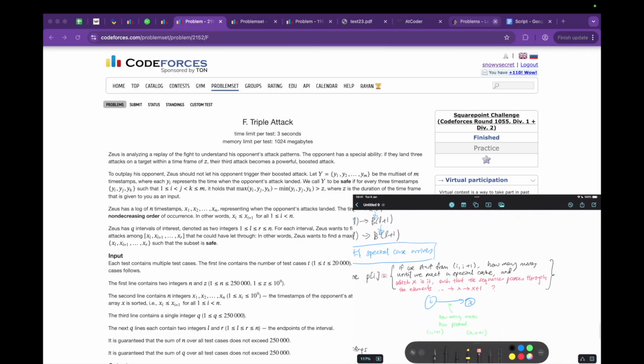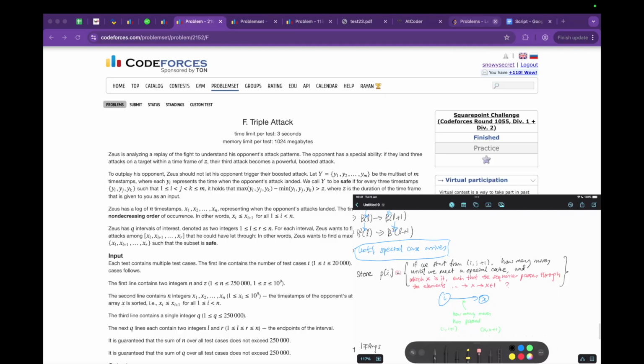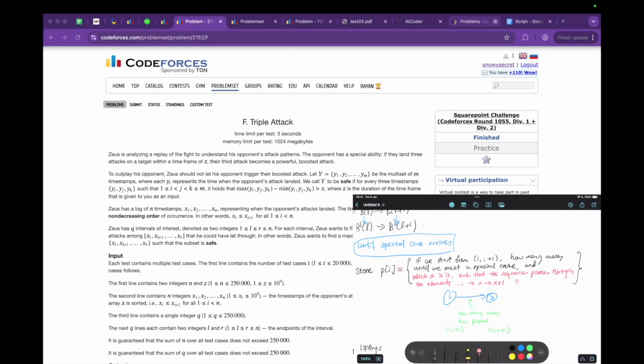It would be of the form: for each element I, we compute, if we start from I plus 1, how many moves until we meet a special case. And for this special case, which x is it, such that we would pass through the elements x and x plus 1. So that is basically the second binary lifting.